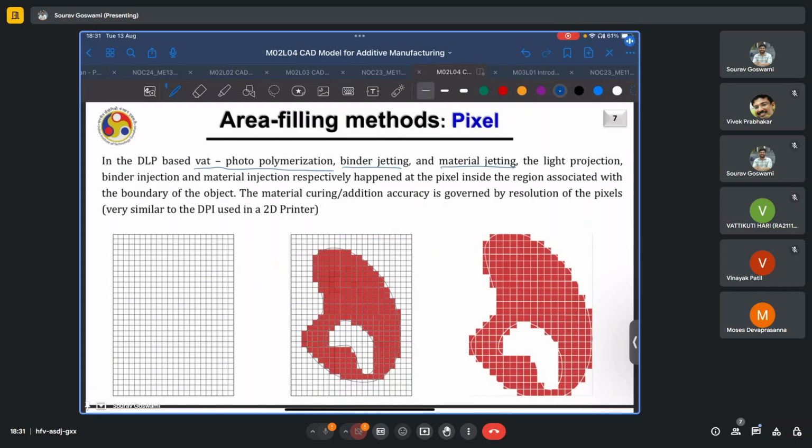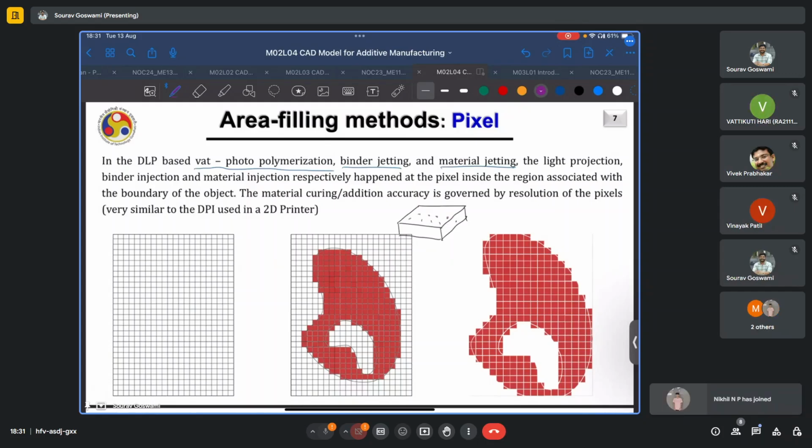Say for a binder jetting or material jetting like process, you have this deposition head which actually has many pores on the bottom side, and say this array of nozzles or pores can be corroborated to a pixelation of the surface, and this entire head will pass over your area, and depending on, say, if your head is somewhere here and we are looking at the top view, so on your deposition head the nozzles in these regions will be activated, whereas the nozzles in these other regions will be in an off state.